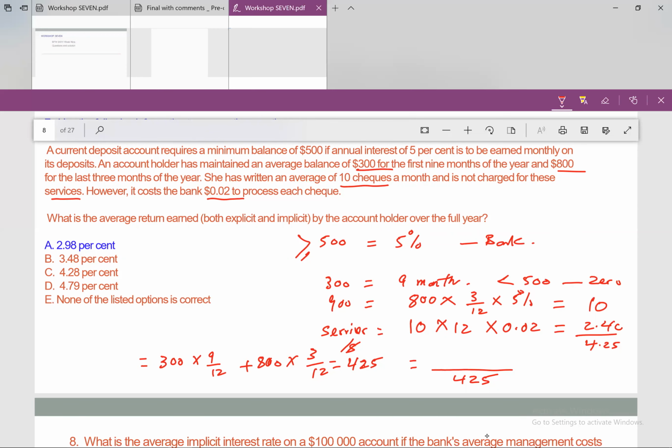I'm sorry. This makes it 2.98. This is what the customer is actually costing us. Okay.